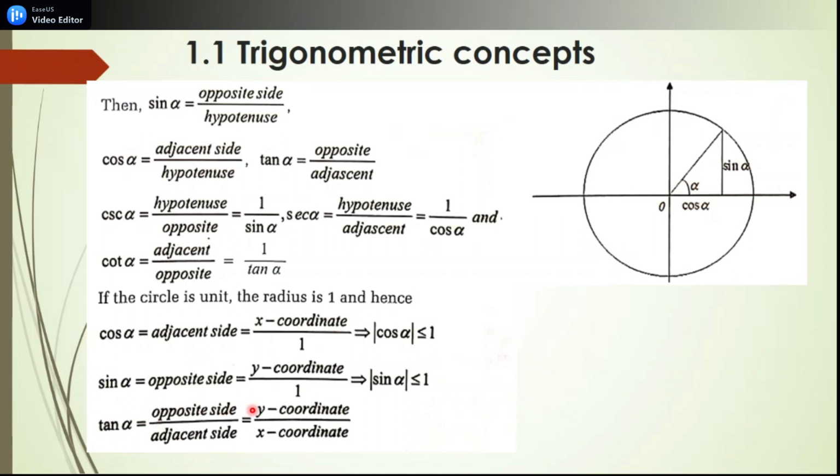Tangent is opposite side over adjacent side, or the length of the y coordinate over the x coordinate. Here you have the y coordinate and this is the x coordinate.